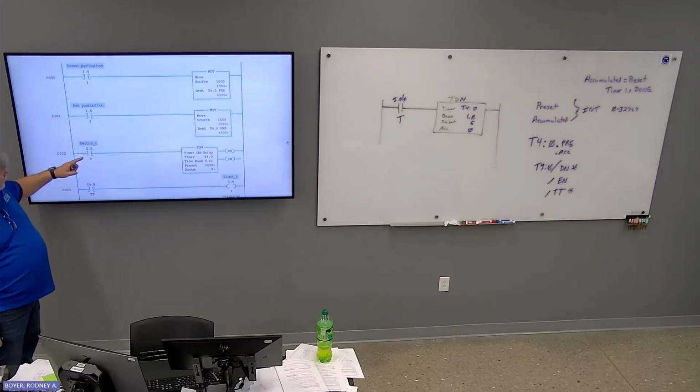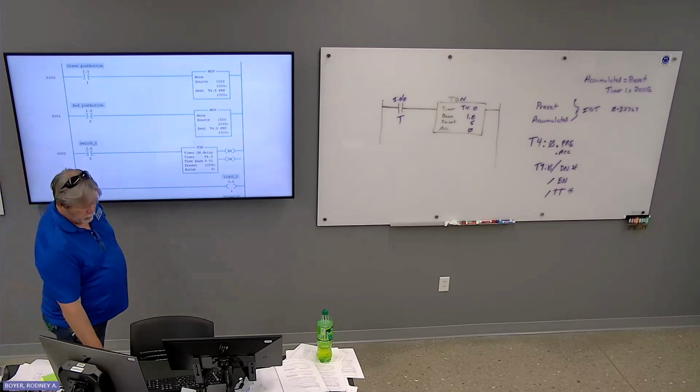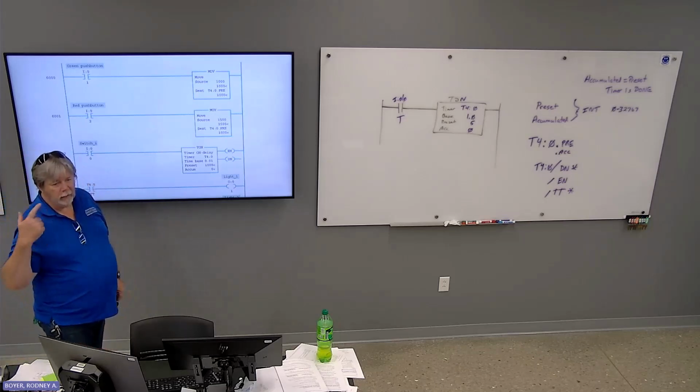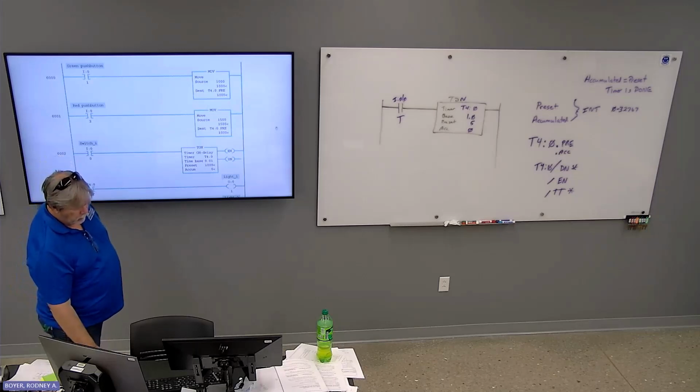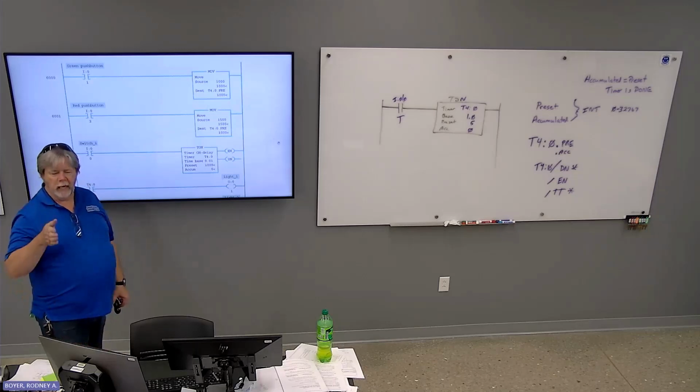And then apparently close switch 1, timer starts timing. That's going to turn on light 1, whichever one that is, while it's actively timing. Timing just means enabled and not done. Okay.